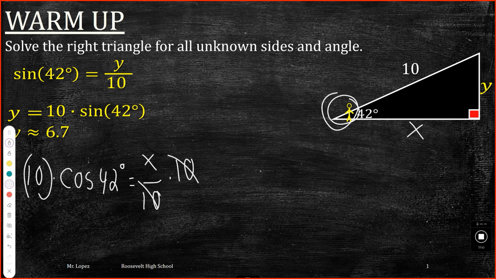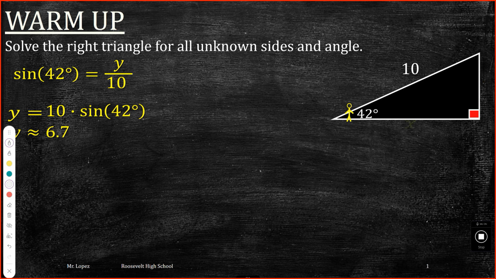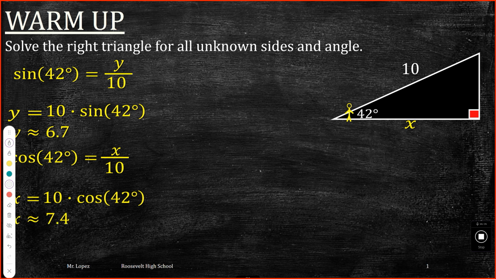Ten times cosine of 42 is about 7.4. That's all there is to that.